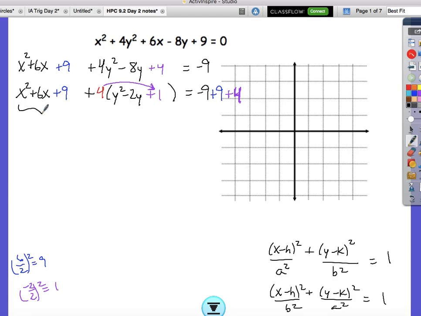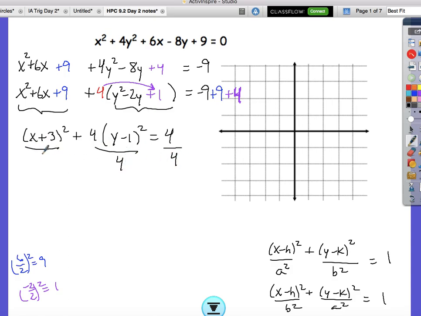And then this is going to factor into the quantity x plus 3 squared. And then I will have that 4 out in front. And then this will factor into the quantity y minus 1 squared. And then over here, the 9's cancel and I have a 4. Now it's getting closer to like over here, but do you see how they're always equal to 1? So the way that I can transform this and make this equal 1 is if I divide out 4. But I would have to divide everything by 4.